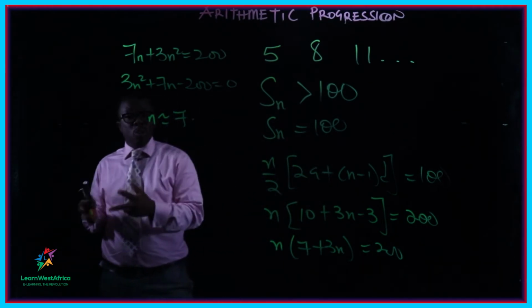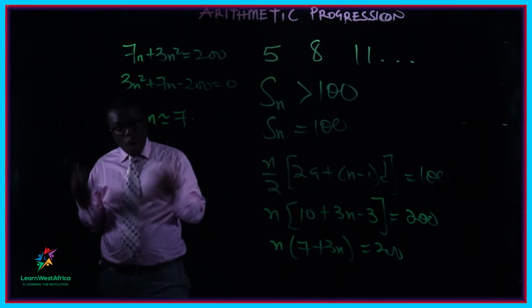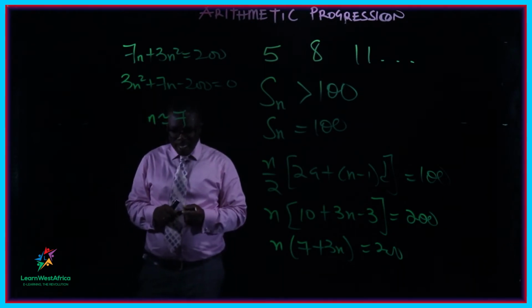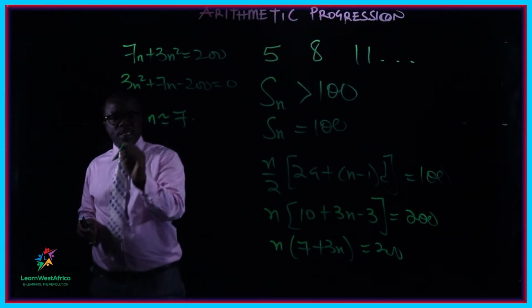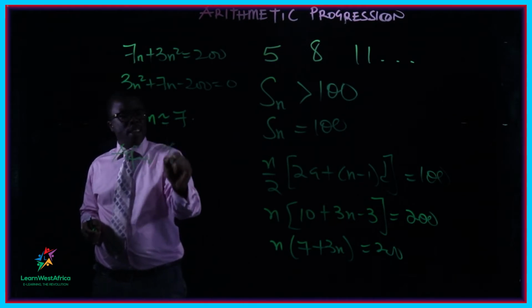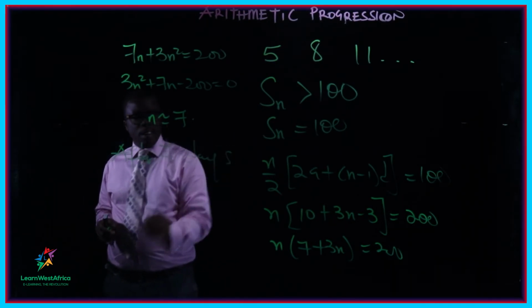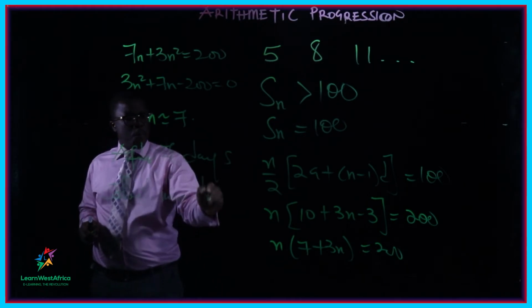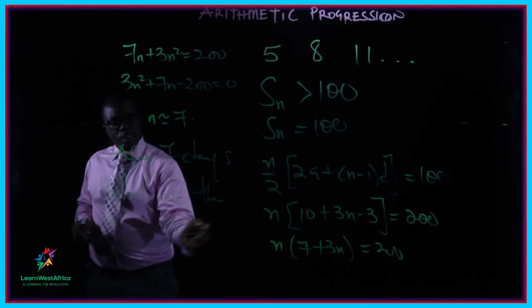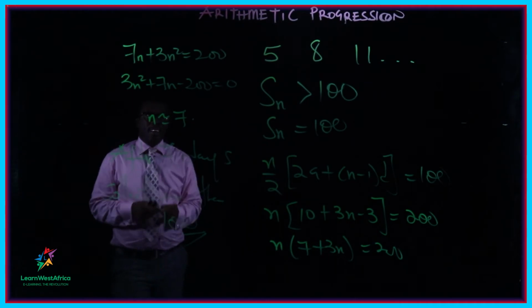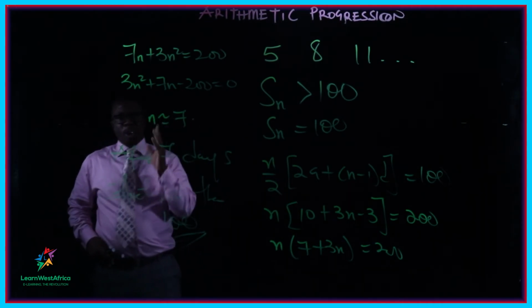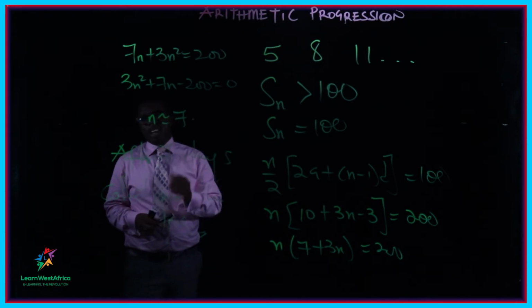Hence, if he has to get more than 100, that will be from the 8th day going. So after 7 days, he will collect more than 100. Guys, you understand that? Okay, so it's pretty simple. Anytime you have a question with a sum, always watch out how that works out.